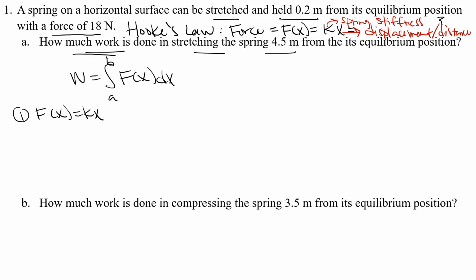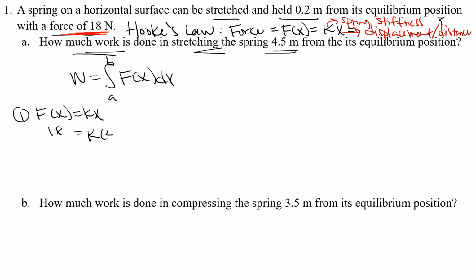All right, well, we are given the information of how much force it takes. So it's going to be 18 newtons. So we know our force is 18. And then we have our stiffness. And then we have our displacement, how much we are stretching it.